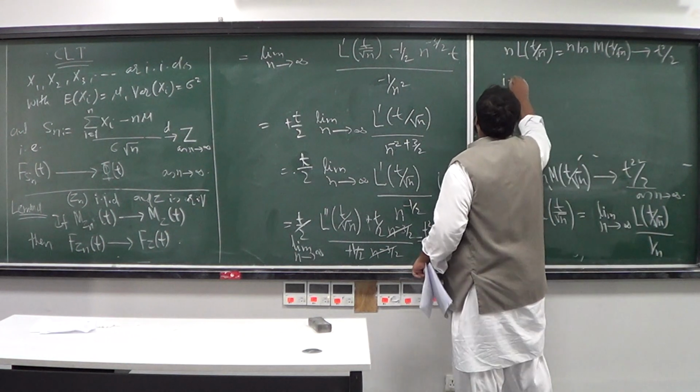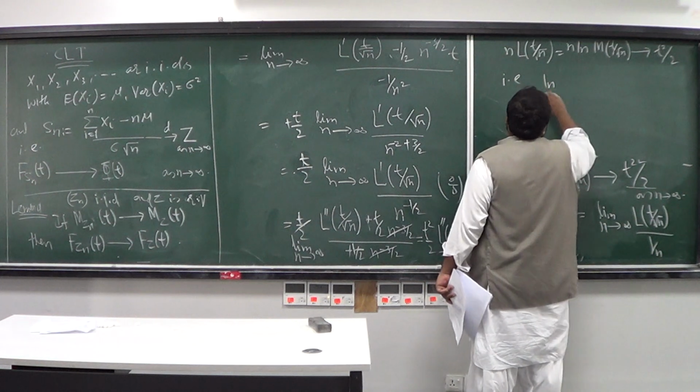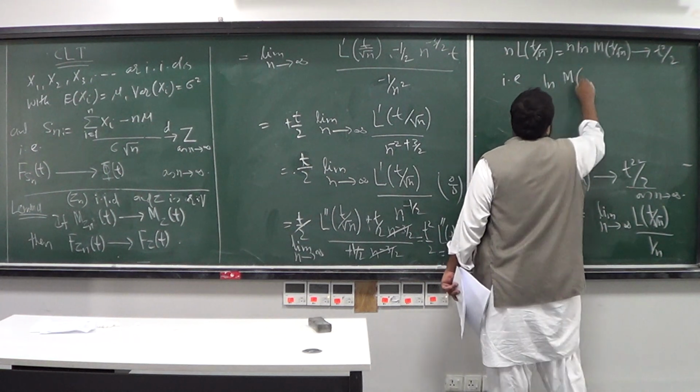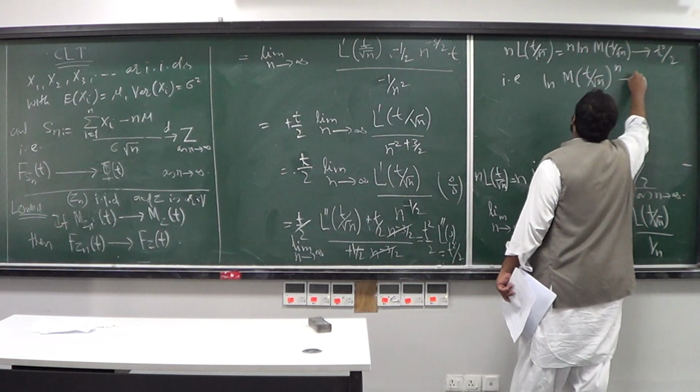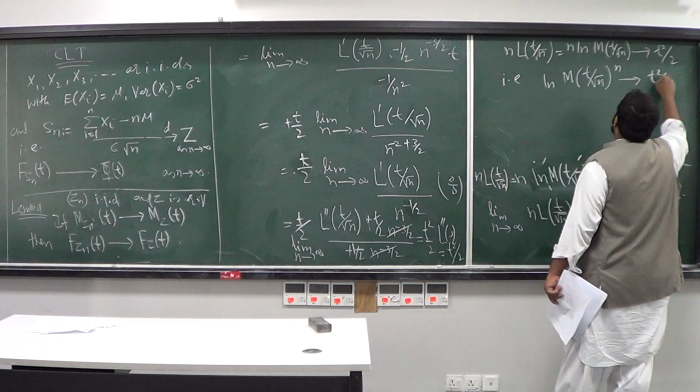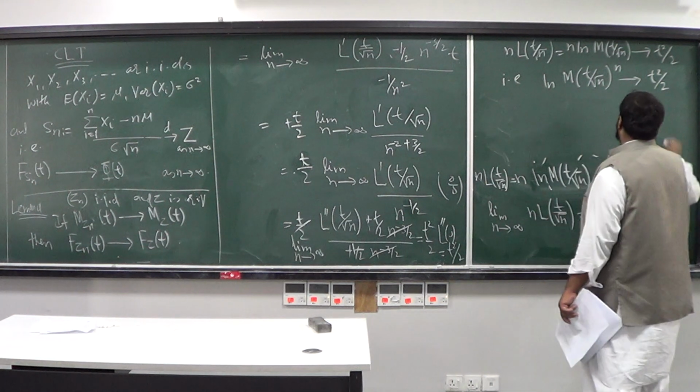That is, I can say that log of m of t over square root of n, power n, converges to t square over 2 as n goes to infinity.